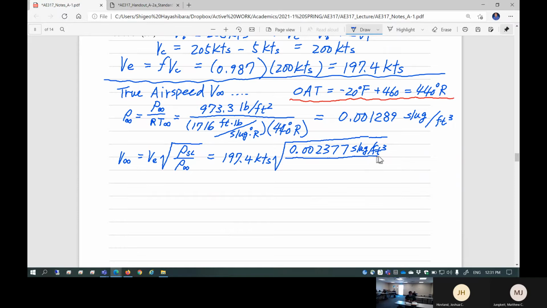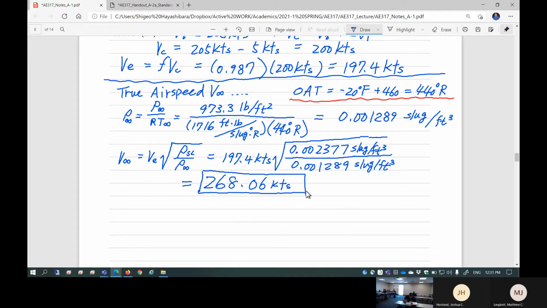And the actual density at the flight altitude we computed is 0.001289 slugs per cubic foot. If you compute this, the square root of the density ratio multiplied by 197.4 knots, what's the value? 268.06 knots. Any confirmation? So this is the true airspeed.